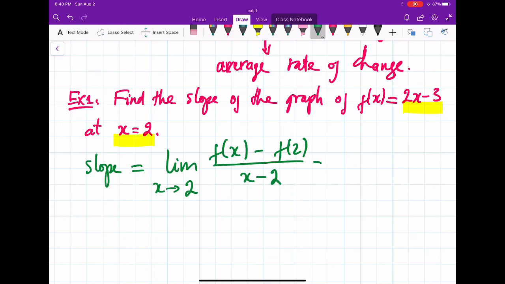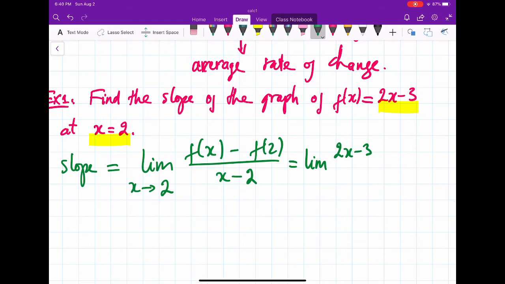So f of x is 2x minus 3, right? In order to find f of 2, you just need to plug 2 into the function: 2 times 2 minus 3. Here you have x minus 2, x approaches 2.